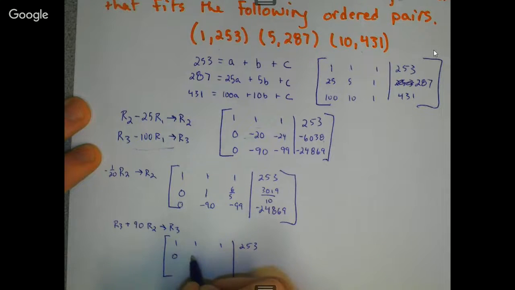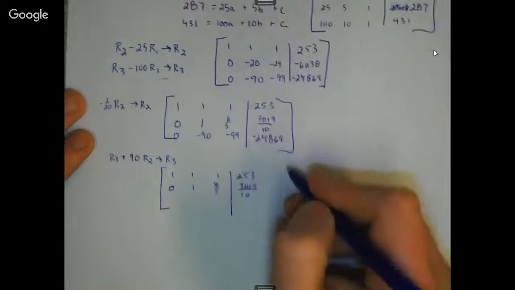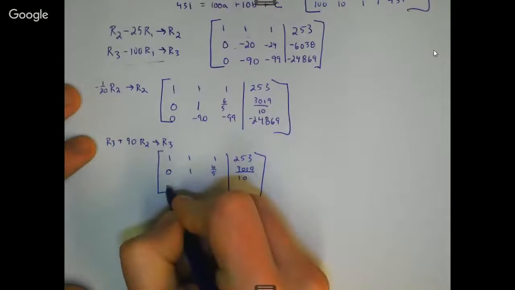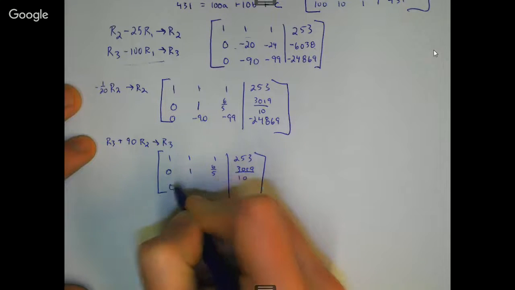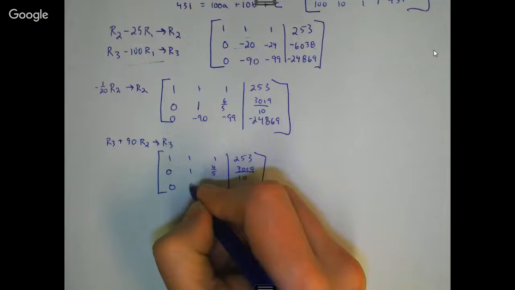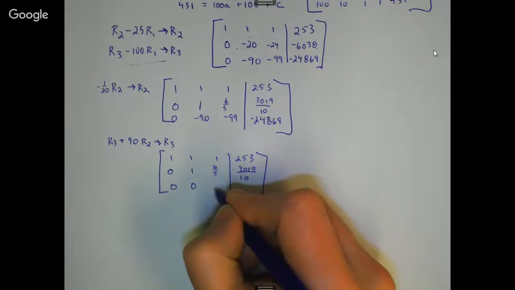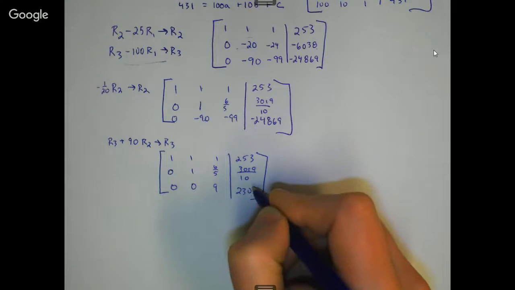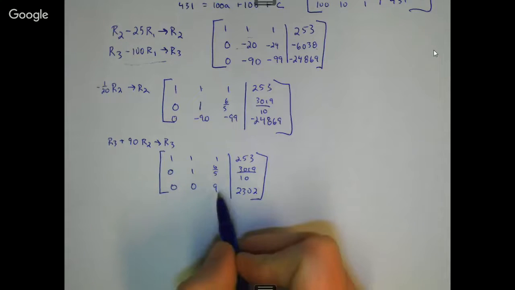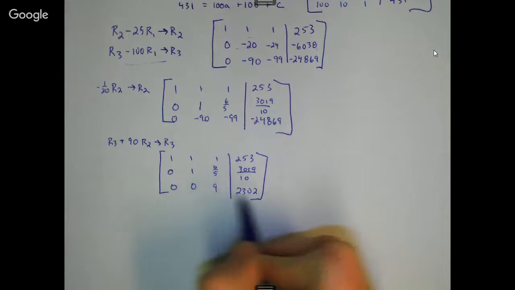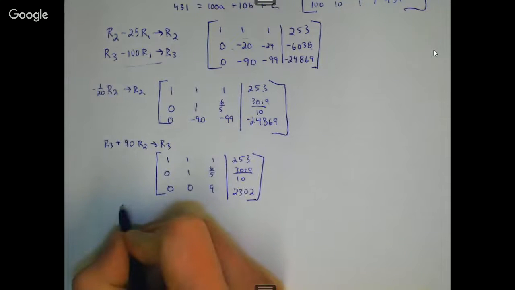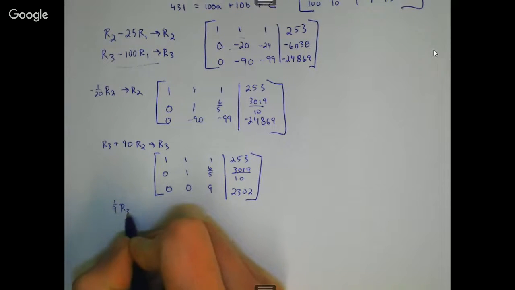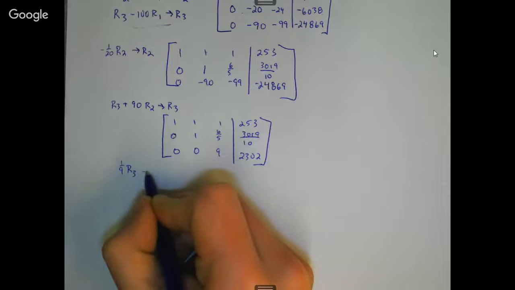This one's good. This one will become 0, 0, 9, 2302. Okay, so I'll get a 1 here by just dividing. So 1/9 row 3 back into row 3.